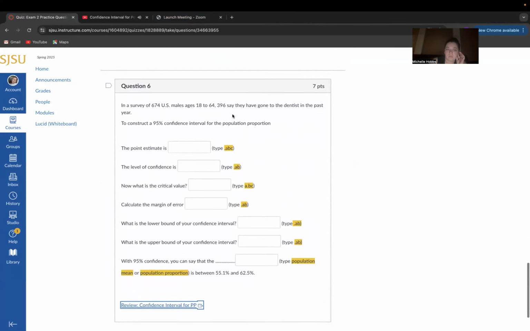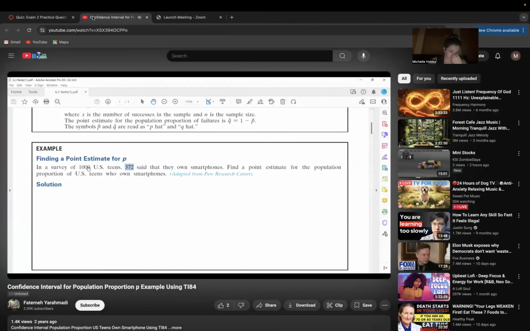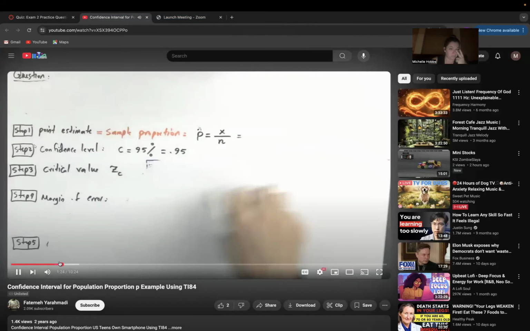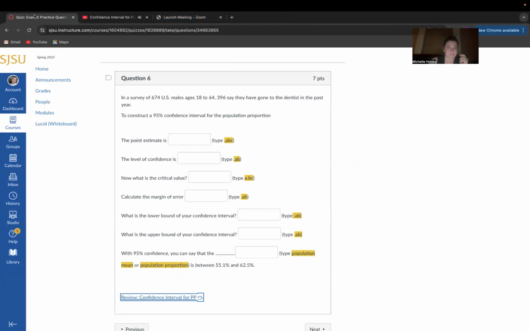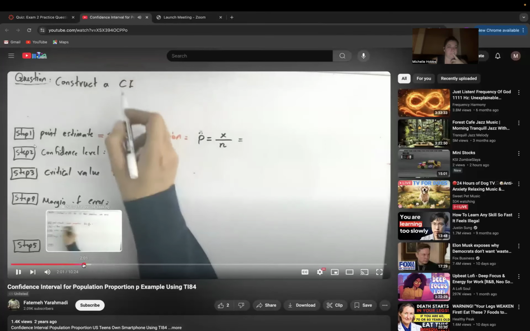If I ask you to find a confidence interval for the population proportion, the percentage of US teenagers who own smartphones, the question says, hey, construct a confidence interval.